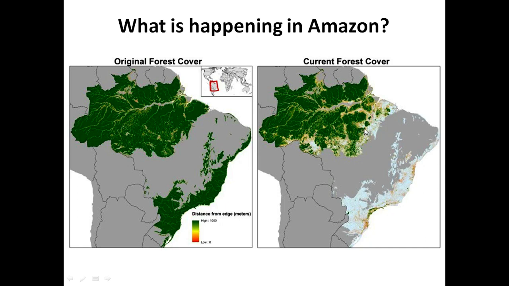And the same thing is happening in Amazon, and Amazon is actually shrinking. So it's very sad, but I mean, we still have some hope. That's why we need to learn about these rainforests and their threats, so we can take informed decisions when we are in the right positions to make decisions.